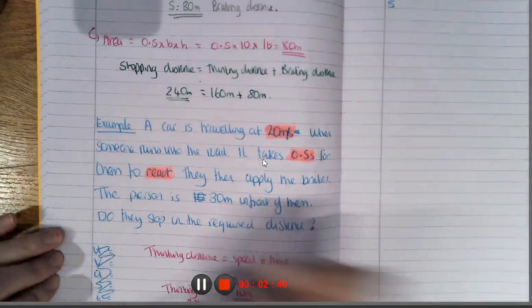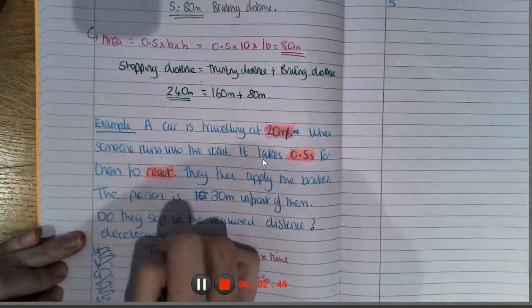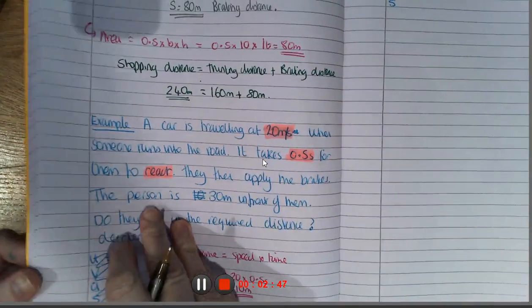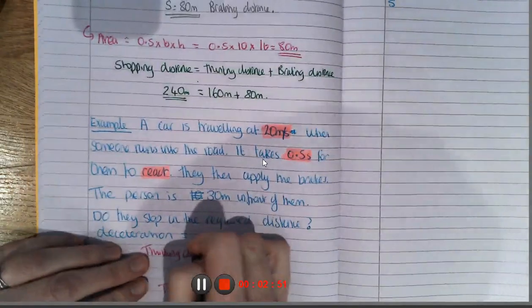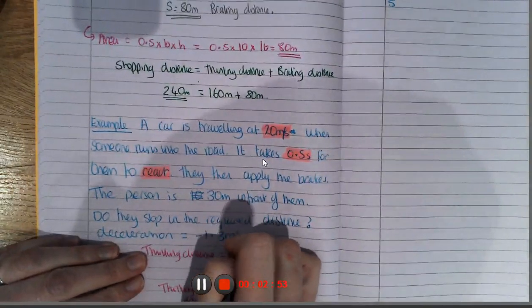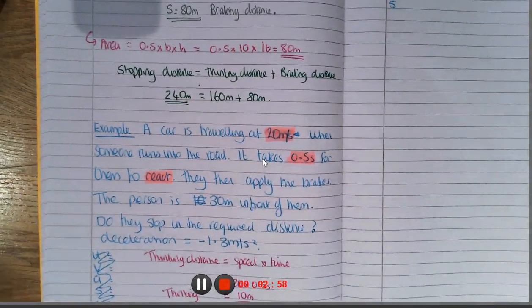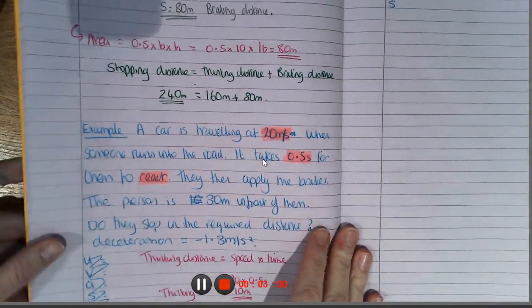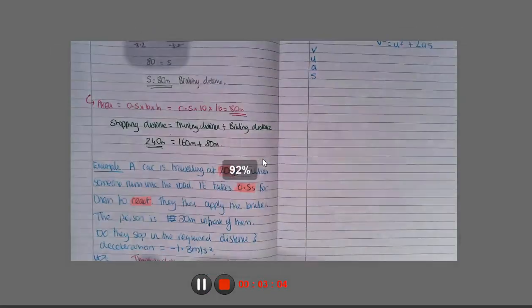In fact I've not put one of the values you need in the question, so I'm going to pop it here. The deceleration is equal to, I've written it down on the page, just give me a second, minus 1.3 metres per second squared. So you actually need that value. In an exam question it would be given to you. So let's pop our values down here. Let me just zoom out a tiny bit.